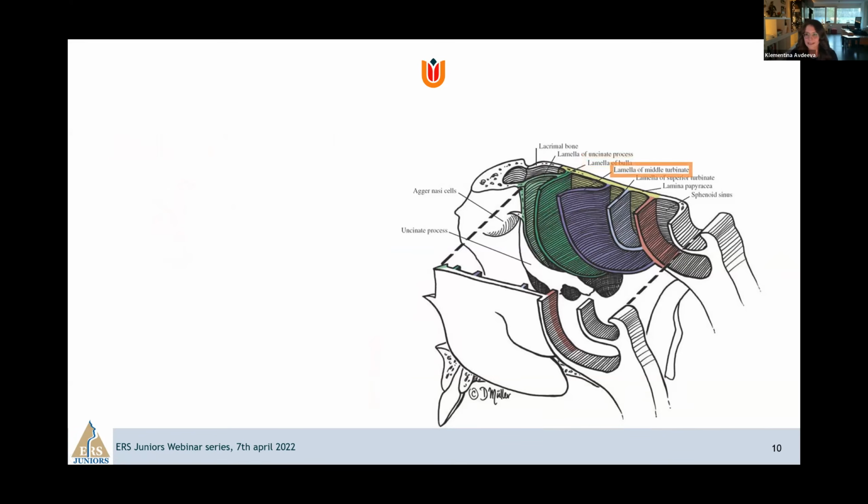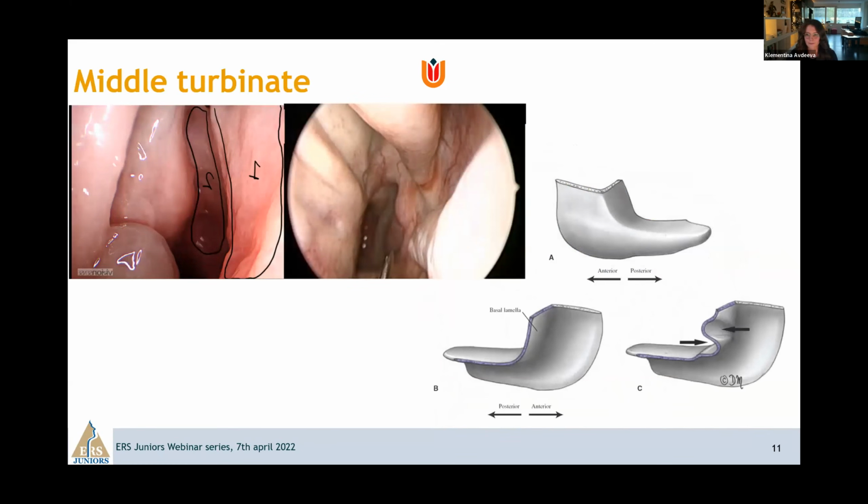So moving to the next lamella, lamella of the middle turbinate, this is lamella number 3. Middle turbinate is not just a structure that hangs into the nasal cavity, it has an interesting geometry with 3 parts: vertical part, horizontal part, and basal lamella. This is vertical part, this is basal lamella, and this is the horizontal part.